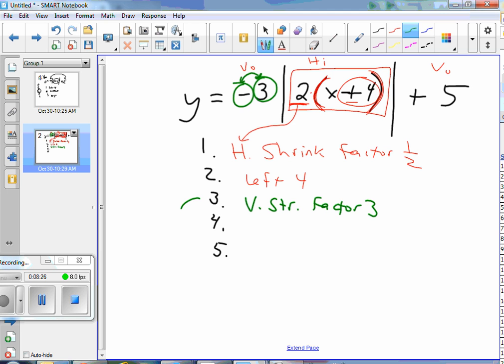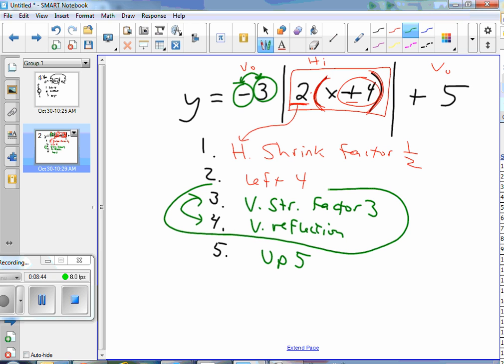But again, it can be reversed with this one. And this negative is a reflection, so it's a vertical reflection. And then the very last thing that's left is the 5, and that's up 5. Technically, you could reverse these 2, but I think stretching before you reflect is a good idea because it's easier.